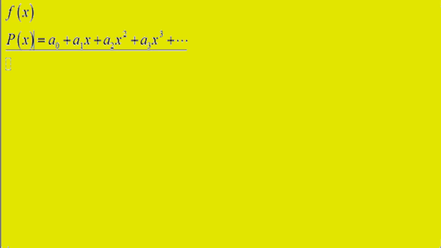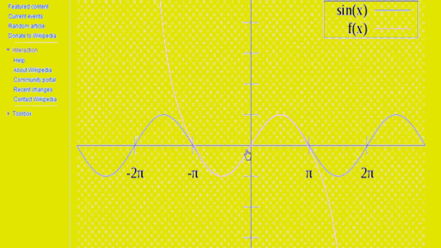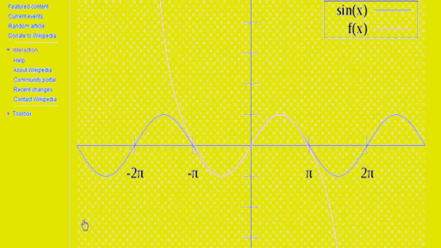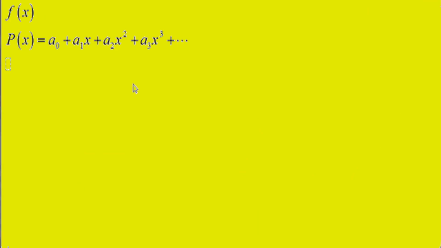What you do is pick a value to, quote unquote, center the Taylor series at. For instance, in this picture the center is at 0, and as you get further from 0, it gets less accurate. Way out here, it's not accurate at all. So you pick a point to get close to, and you equate the polynomial and the function at that point, and around that point they're really close, if not equal.